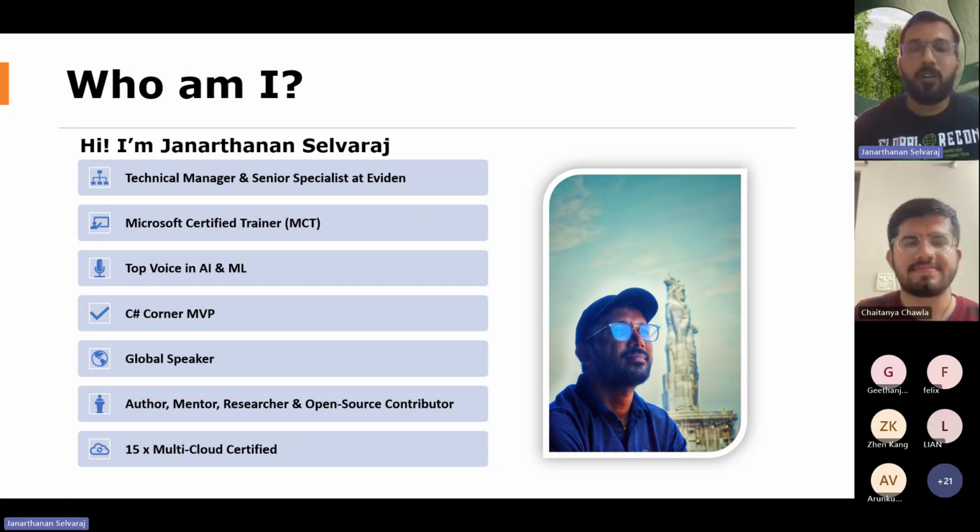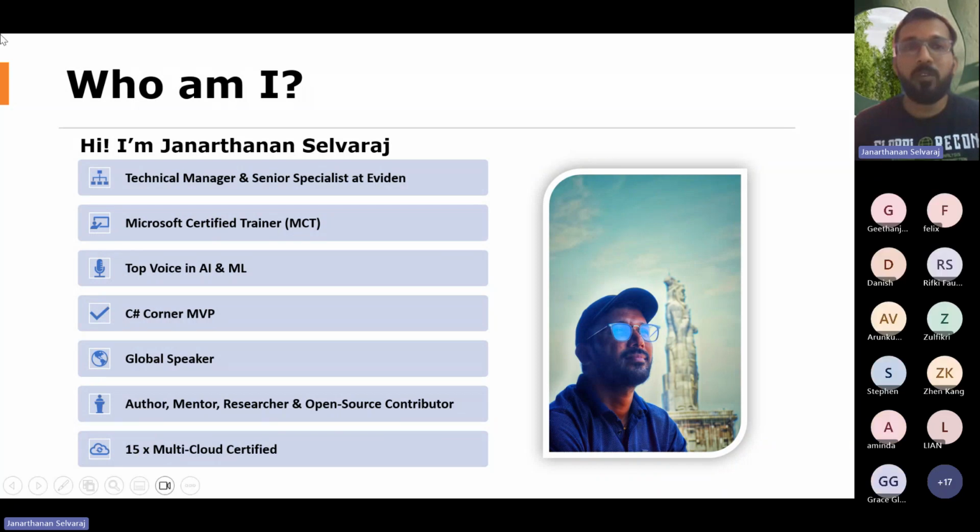I talk at AI and Azure events across the globe, and I'm a top voice in AI and machine learning. At the end, I will share my QR code if you want to connect on LinkedIn.